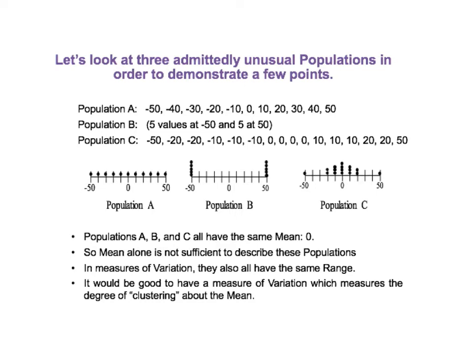Most often, populations are described by their means and a measure of variation. But which measure should we use? Range is a measure of variation, but it is not useful in this case since the range equals 100 for all three of these very different populations.